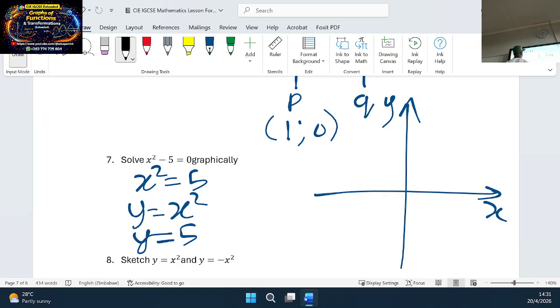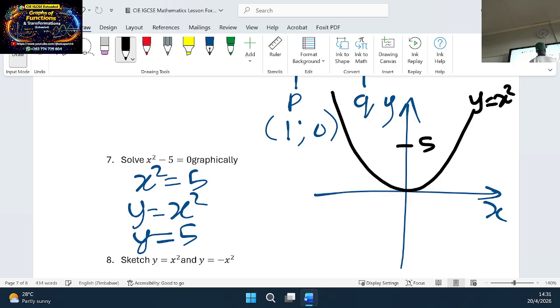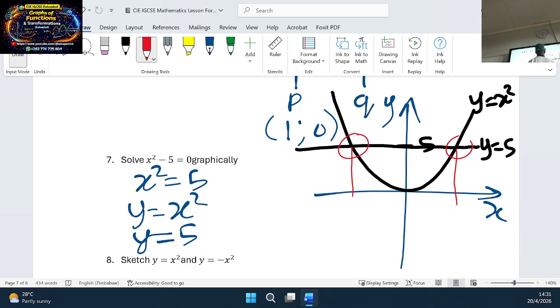Let me pick a black color, but y equal to x squared, if I'm to sketch it, it's a sketch like that. That's y equal to x squared. And for y equal to 5, this is just a horizontal line passing through the point y equal to 5. So what's of interest here is the coordinates of these points. So I'll draw vertical lines going through the x-axis.